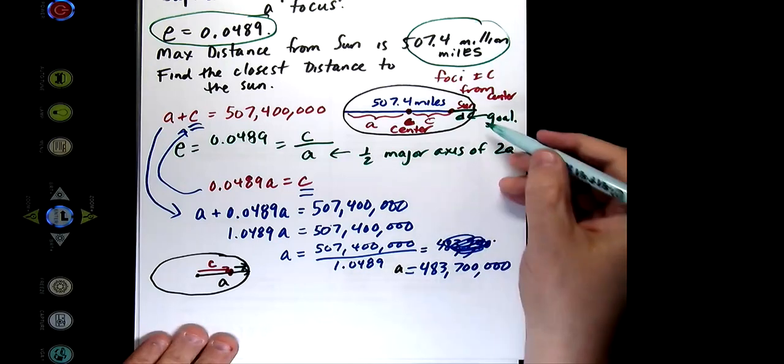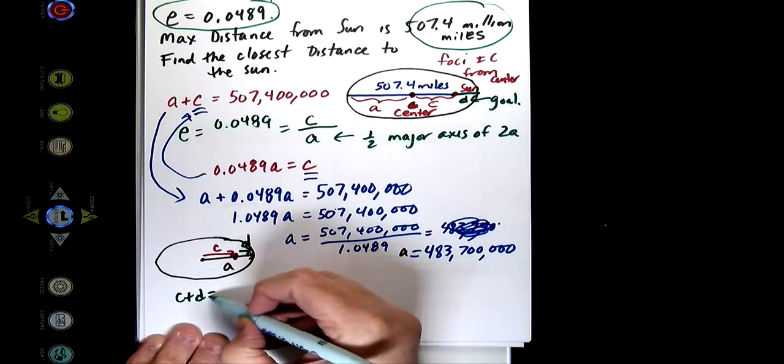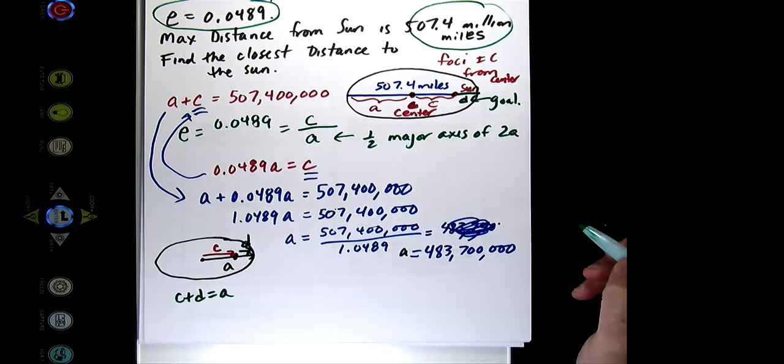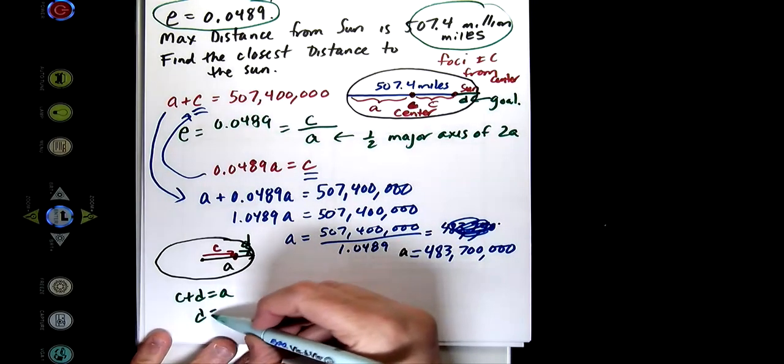I don't know what it is. I call it D, but doesn't it look like C plus D should equal A? Right? So D is going to be A minus C.